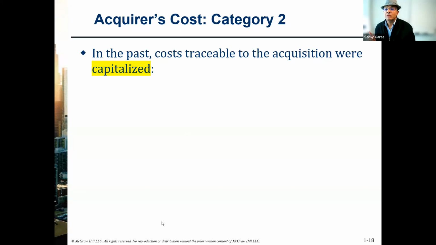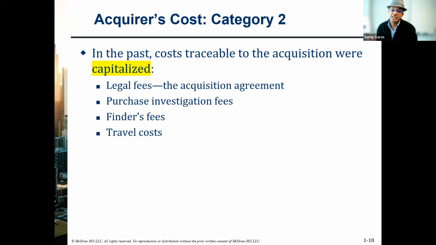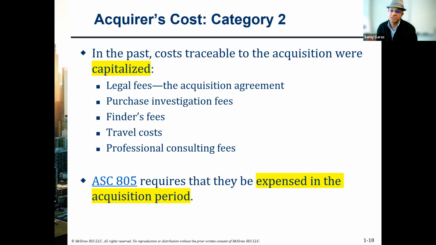Now, what will happen if we made some expenses like legal expense, purchase investigating fees, finder fees, travel costs, professional fees? All of them used to be capitalized. It means assets, but according to the standard of 805, it became expenses. And who will record them as expenses?